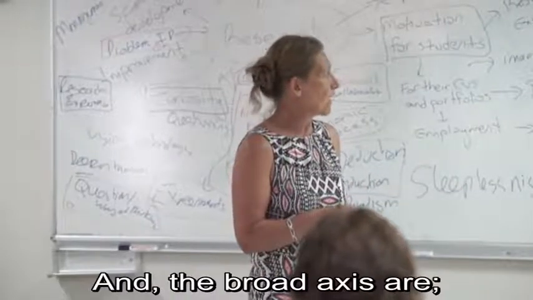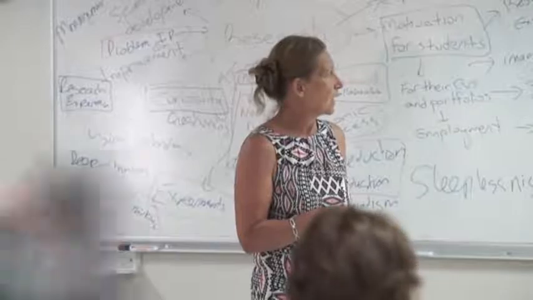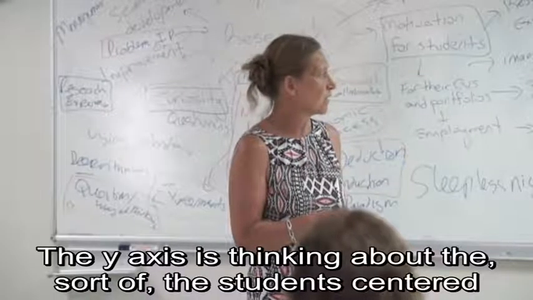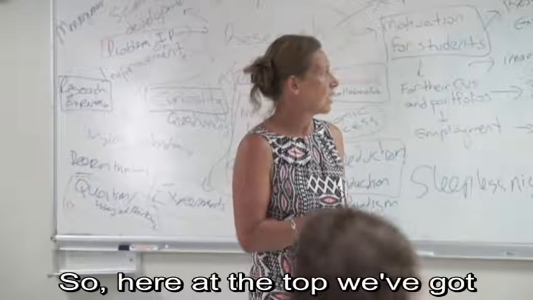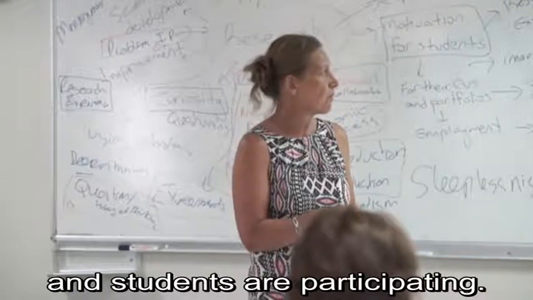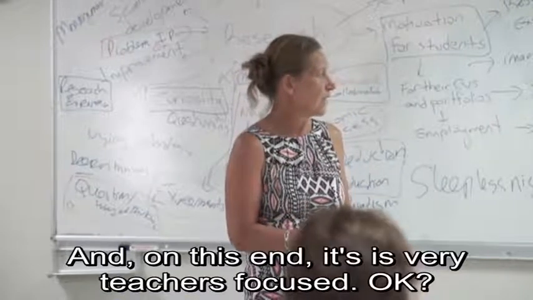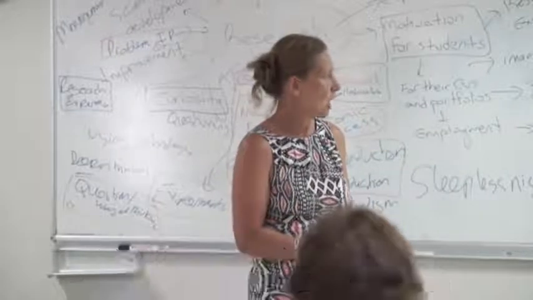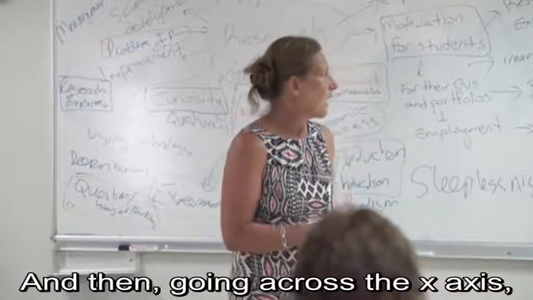And the broad axes are, the y-axis is thinking about the student-centred. So here at the top we've got very student-focused, student-centred, and students are participating. And on this end it's very teacher-focused, okay, so it's about what I'm telling you about research, and students are the audience.